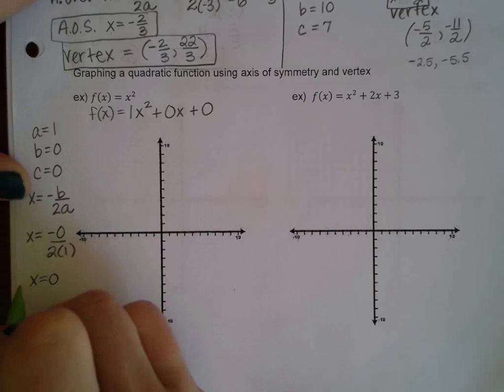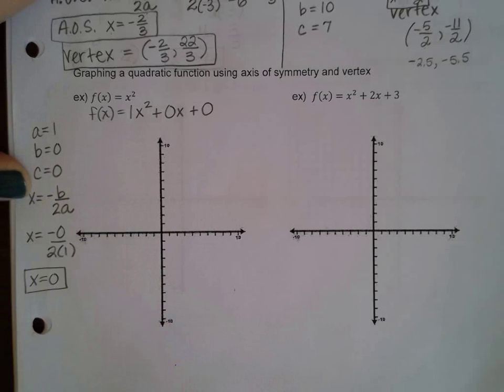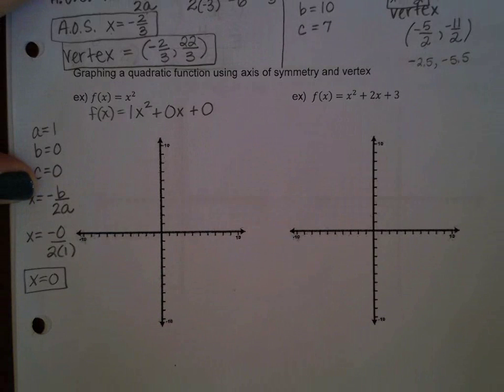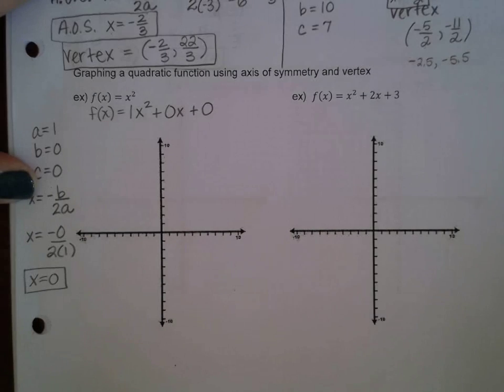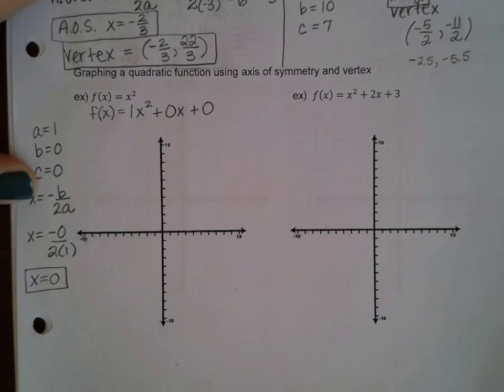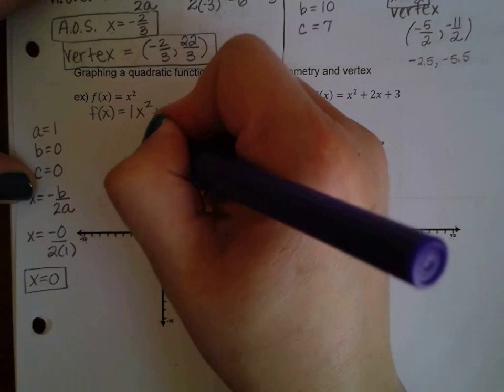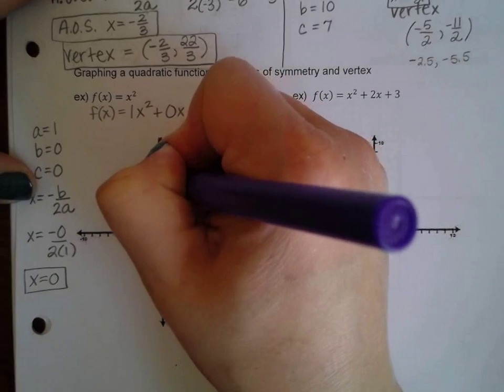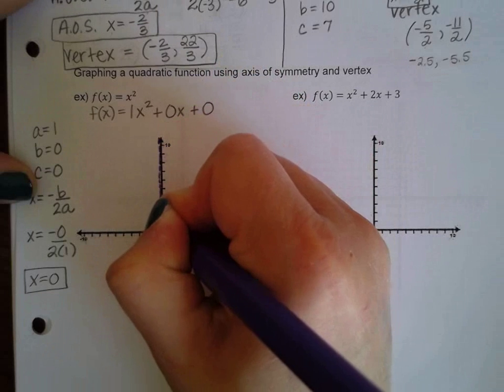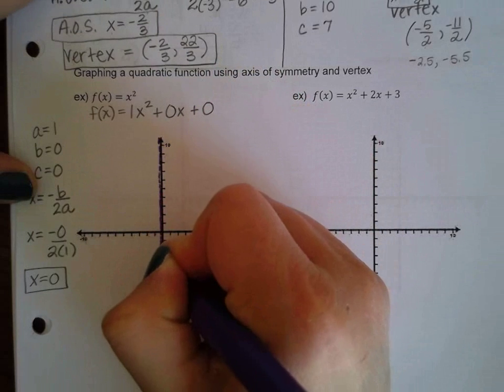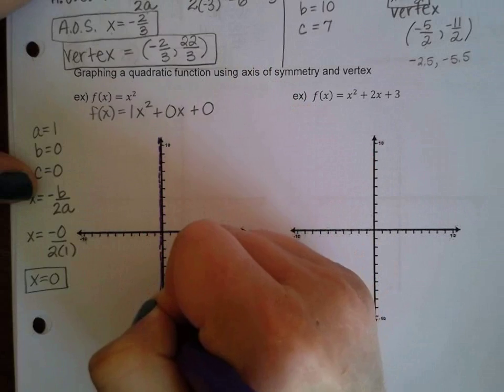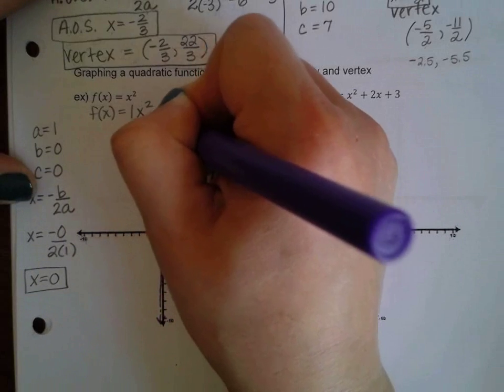So your axis of symmetry is x equals 0. And I'm actually going to graph that on my axes so that you can see how this all works together. So x equals 0 would be basically the y-axis. And I'm doing mine a little bit next to it so it'll stand out. Okay, so that's your axis of symmetry. X equals 0.